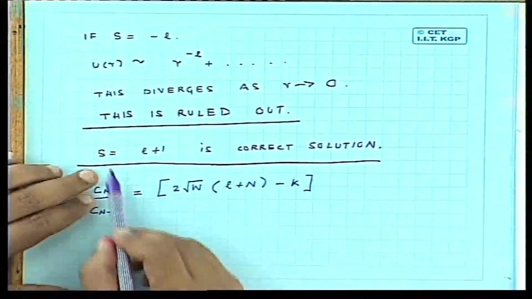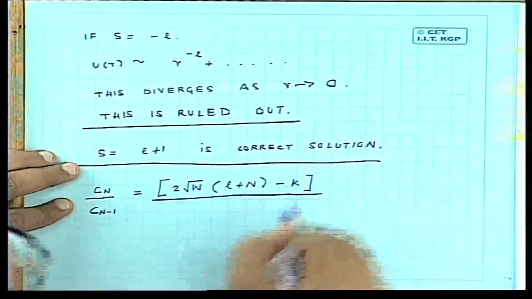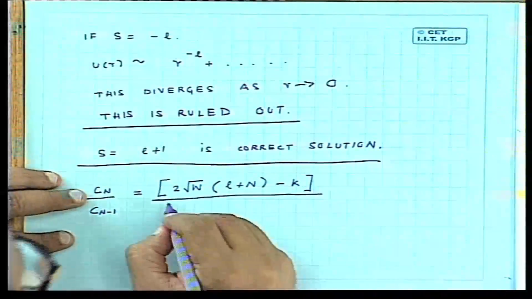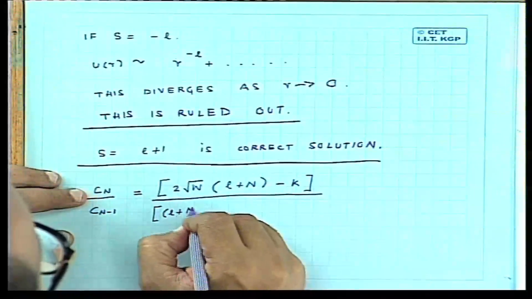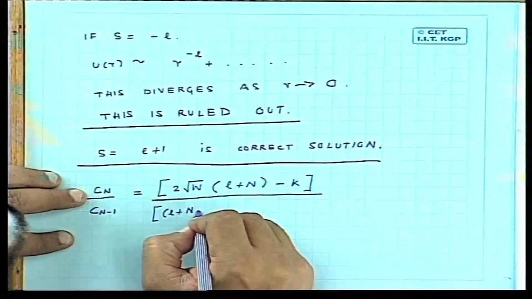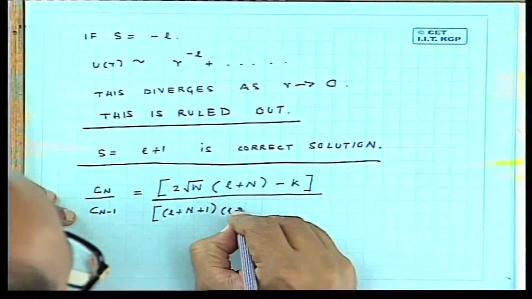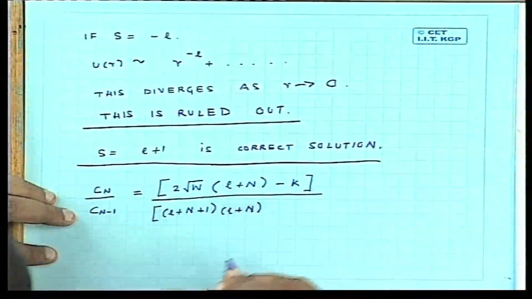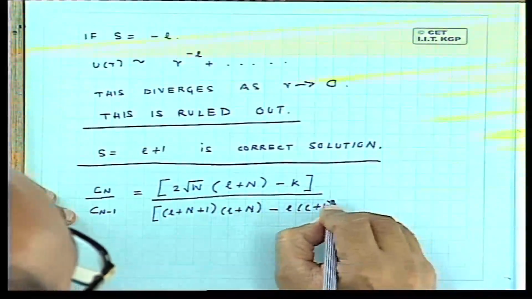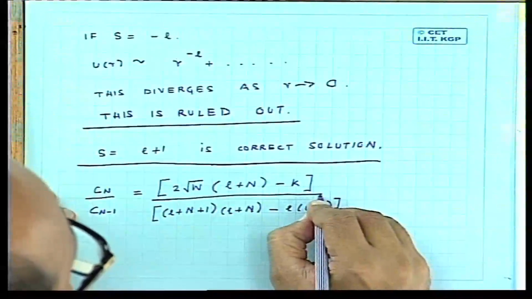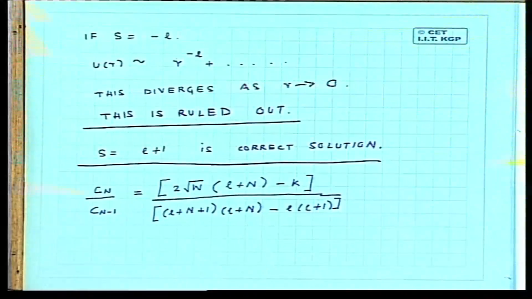I am just substituting S is equal to L plus 1 in the previous expression for the recursion relation. This divided by (L plus n plus 1)(L plus n) minus L into L plus 1. So this is the recursion relation between the different coefficients in the expansion.